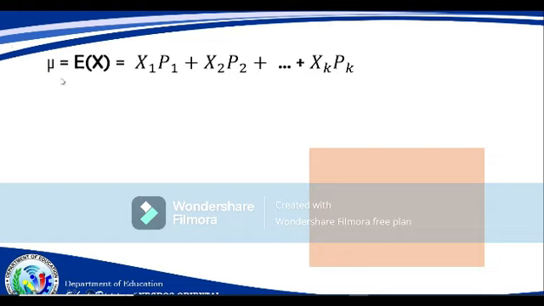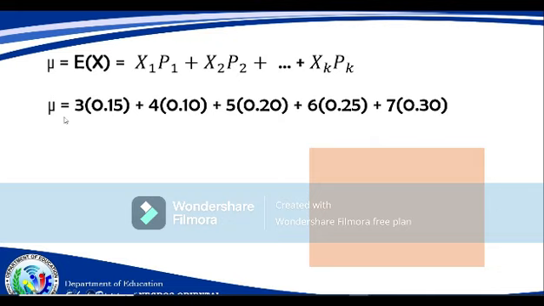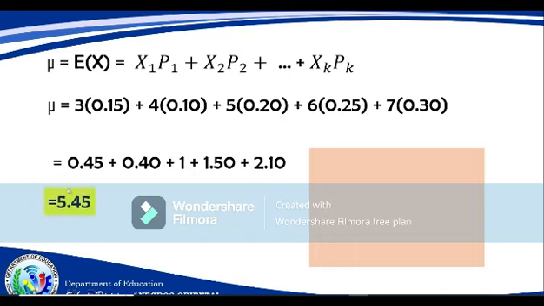So you will have this expected value or mean is equal to x sub 1 times p sub 1 plus x sub 2 times p sub 2 plus and so on and so forth plus x sub k times p sub k. Okay, so you have this mean is 3 times 0.15 plus 4 times 0.10 plus 5 times 0.20 plus 6 times 0.25 plus 7 times 0.30, and you will have the result 0.45 plus 0.40 plus 1 plus 1.50 plus 2.10, and the answer is 5.45.